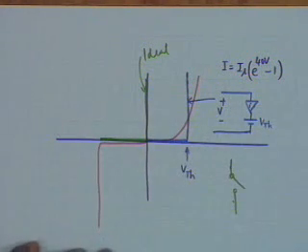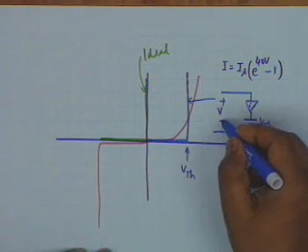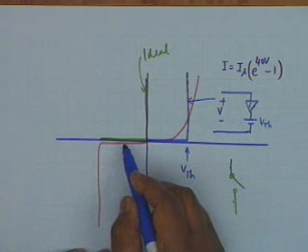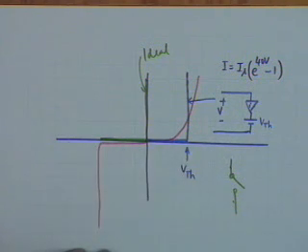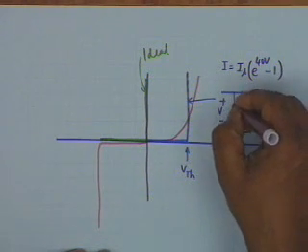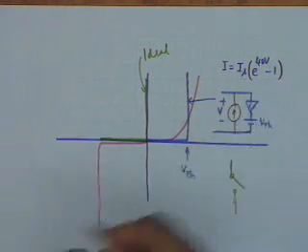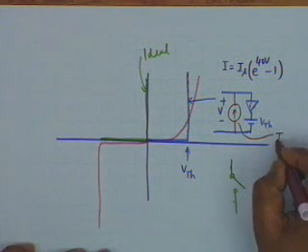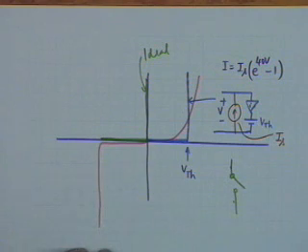Now what happens in the reverse direction? This diode does not conduct in the reverse direction, isn't that right? If the polarity of V is reversed, there is no current flow. Now to account for the current flow in the reverse direction, that is the reverse saturation current, we can, if we so desire, modify this to include a current source here whose value is equal to Is, all right.